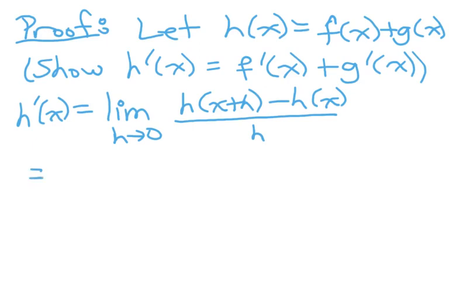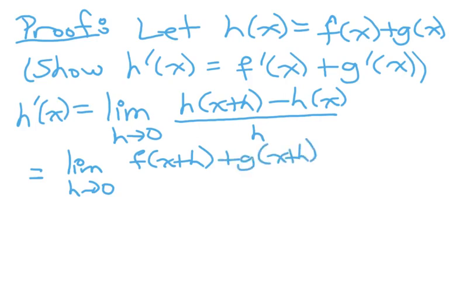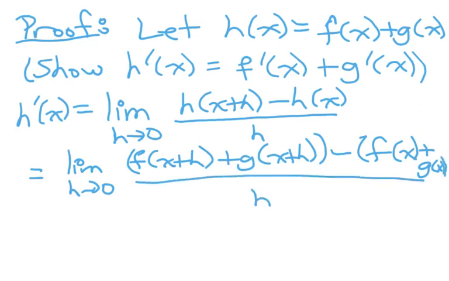So that's going to be equal to the limit as h approaches 0 of f of x plus h plus g of x plus h minus f of x minus g of x, all divided by h. So that's just writing the definition of the derivative and what that function's equal to. Every place we had an x, we're replacing it with an x plus h inside the bracket. Now we're just going to rearrange this a little bit.